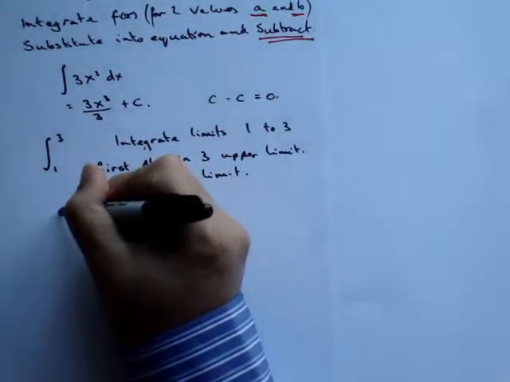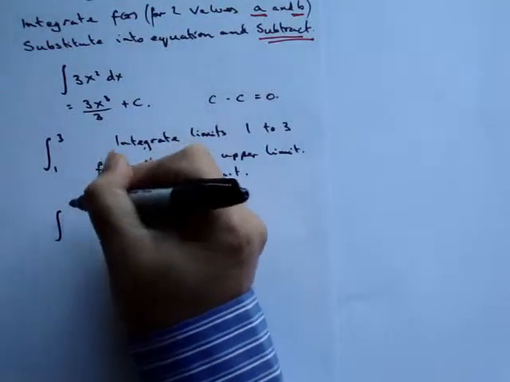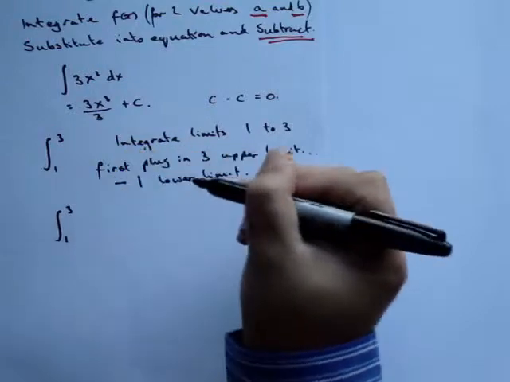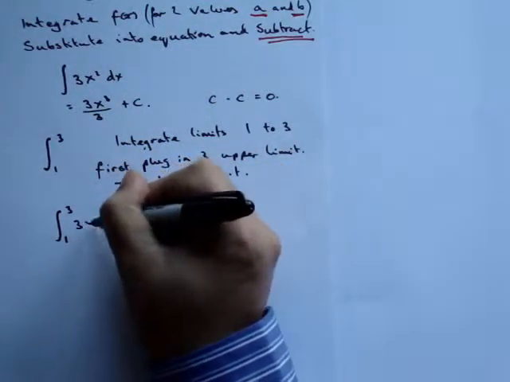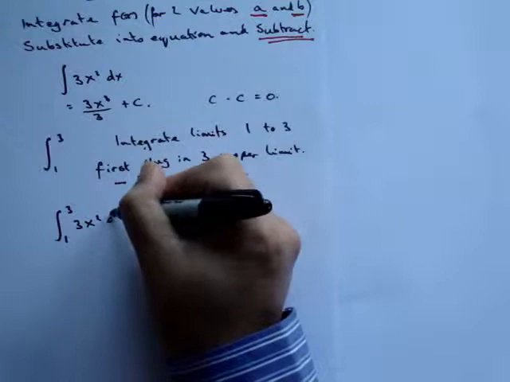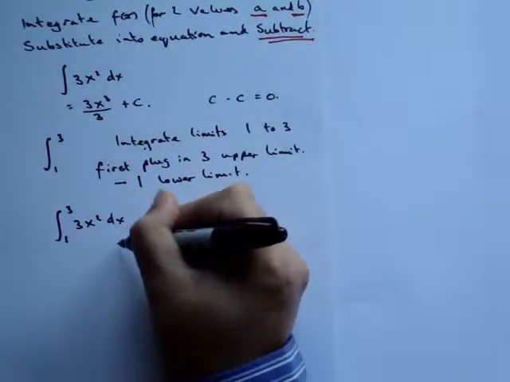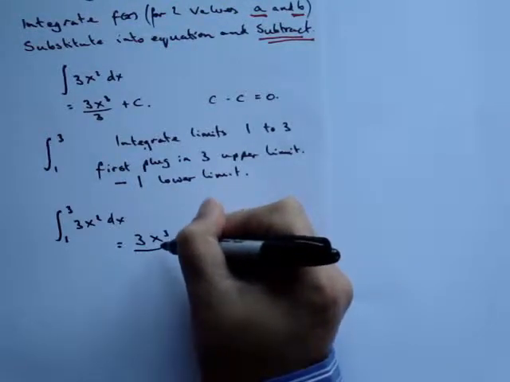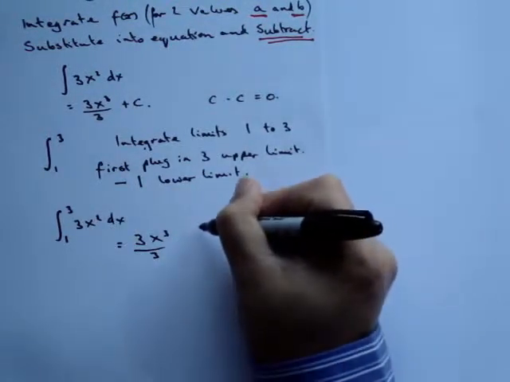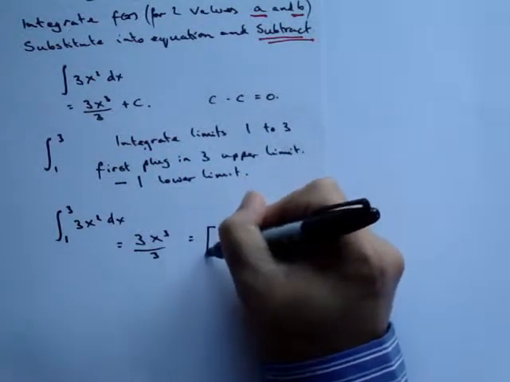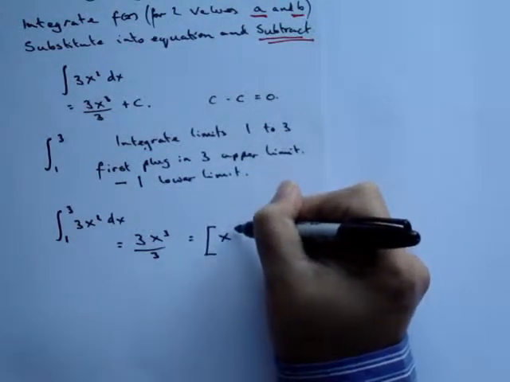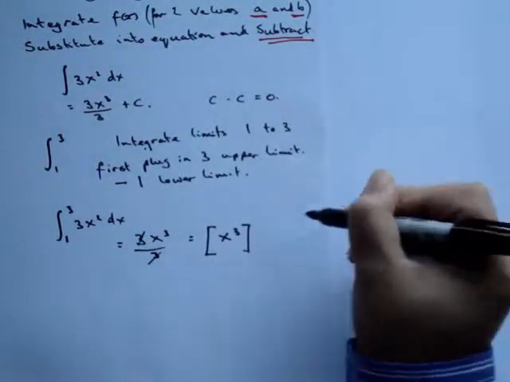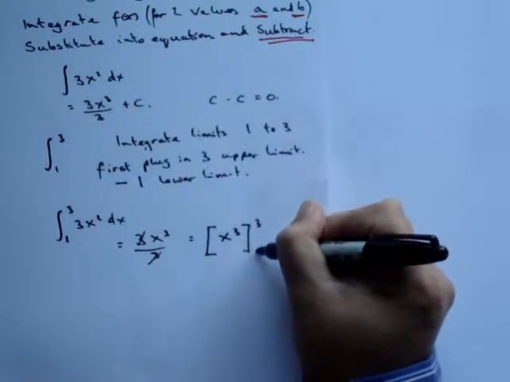So this would then become the integral between 1 to 3 of 3x squared dx. This equals 3x cubed over 3, which is x cubed, because this 3 cancels out this 3, and the limits are from 1 to 3.